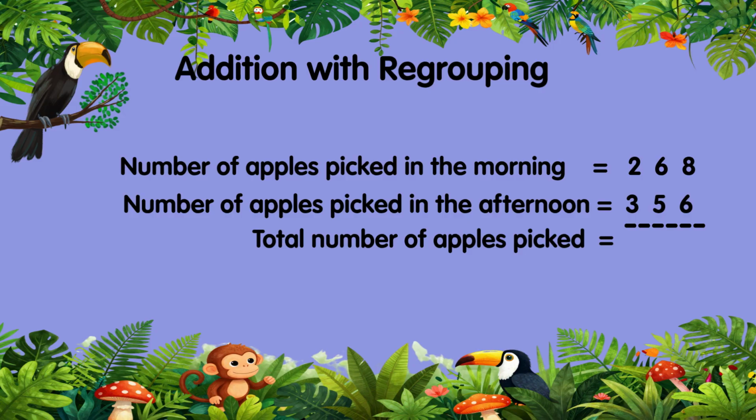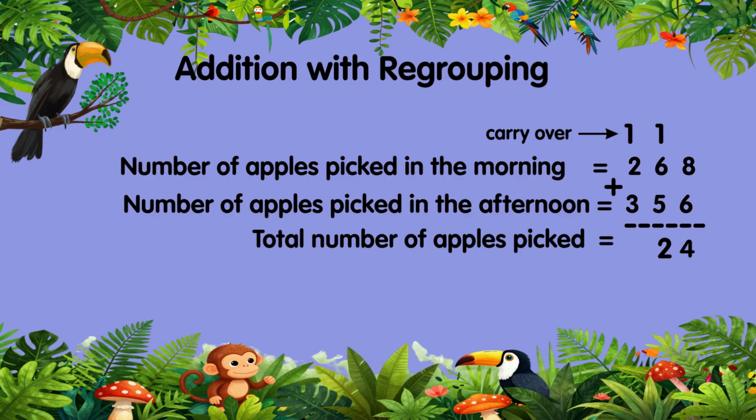Now let's add the two numbers. First add the ones. 8 plus 6 equals 14. Write 4 in the ones place and carry over 1 to the tens place. Now add the tens. 1 carried over plus 6 plus 5 equals 12. Write 2 in the tens place and carry over 1 to the hundreds place.